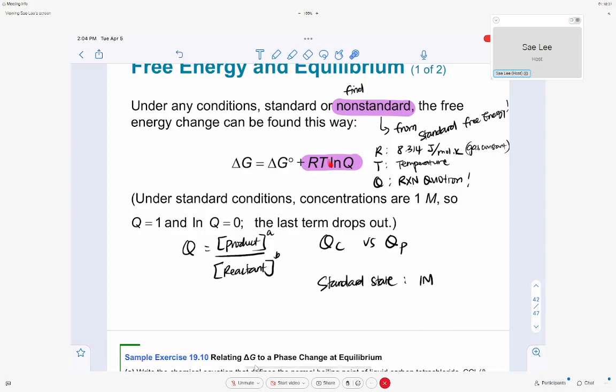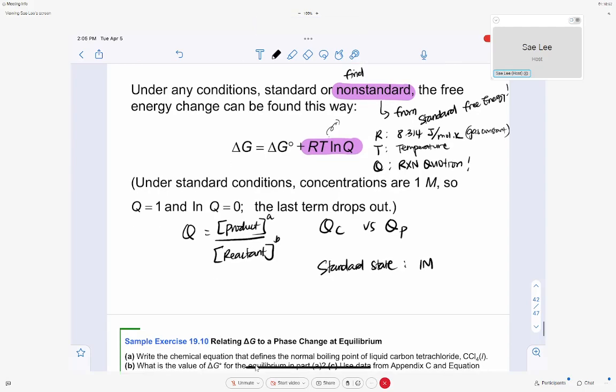Natural log of 1 is going to be 0, so this latter portion drops out at standard state. Therefore, what's going to be left over? At standard state, delta G equals delta G naught. So again, standard condition Gibbs free energy is basically delta G naught. For non-standard condition, you have to use this equation to find the Gibbs free energy at non-standard state.